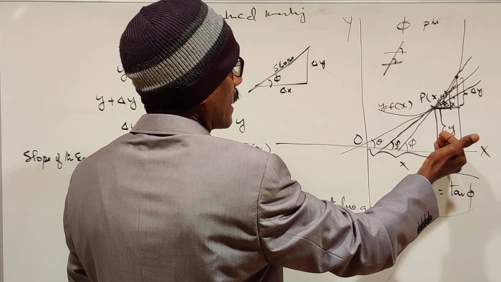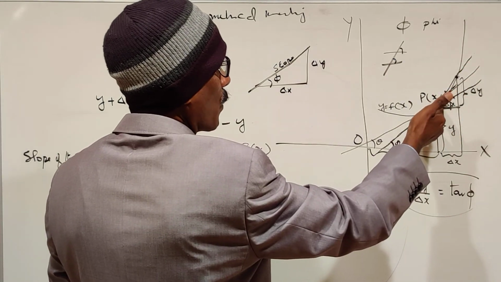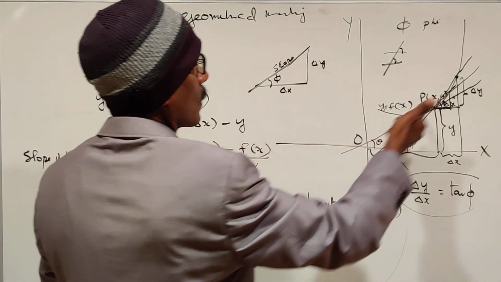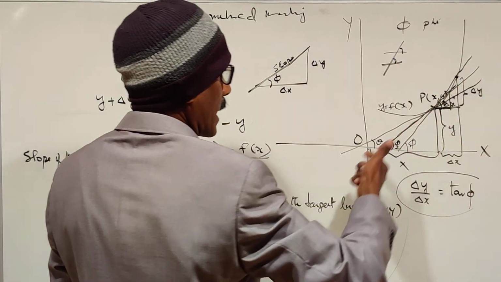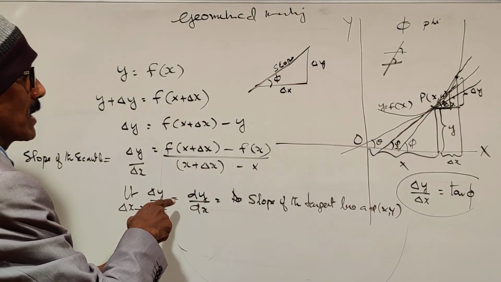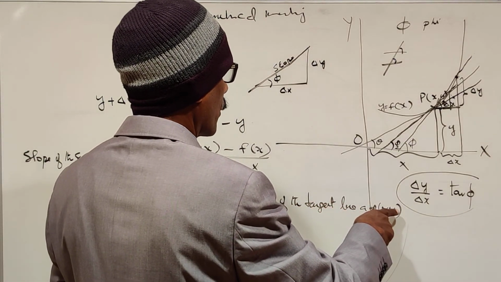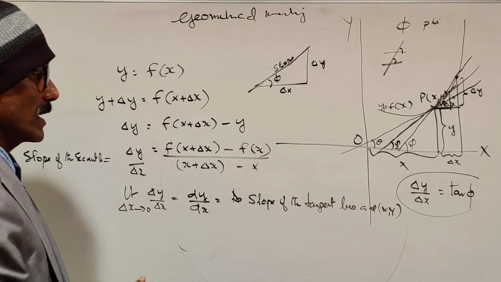When delta x tends to 0, it passes through only one single point. That is called the tangent line. So the slope of the tangent line at the point x, y is the meaning of dy by dx.